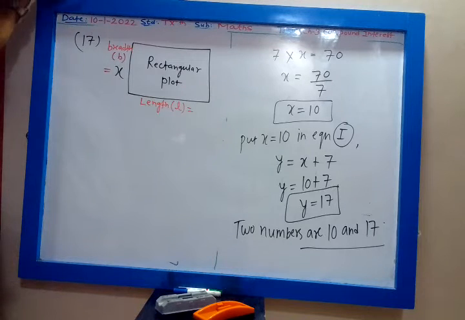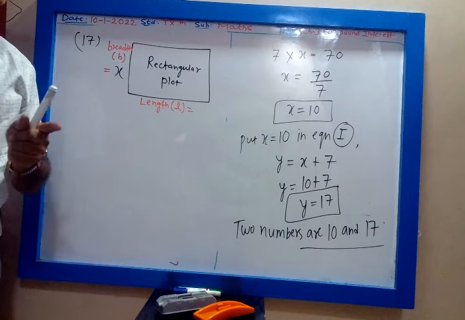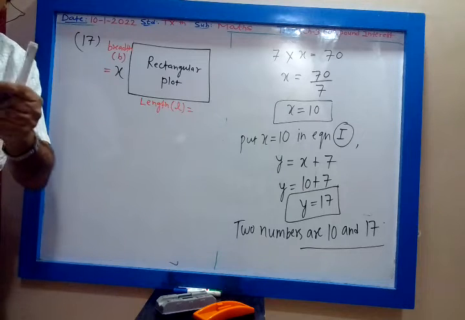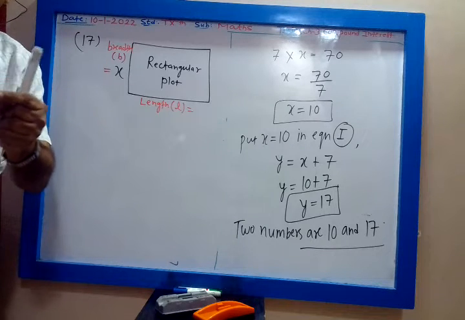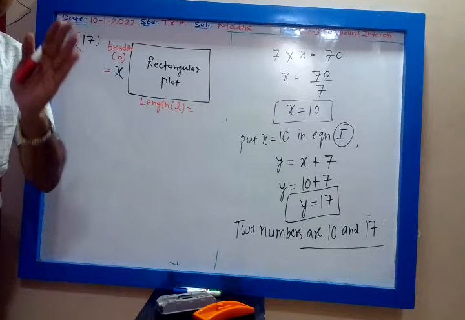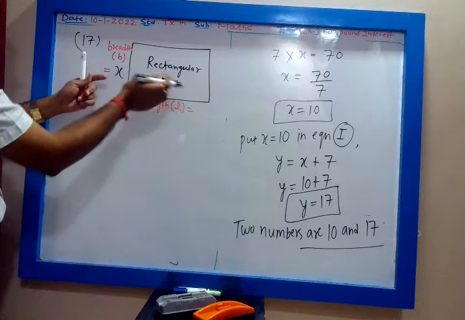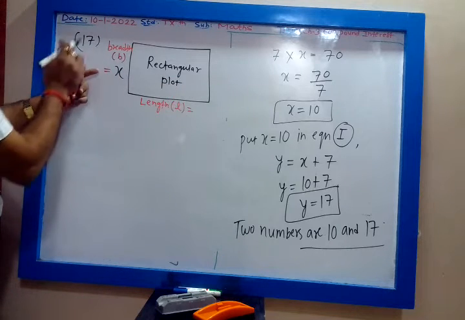Not 5 into x, my dear. Not 5 into x, but 5 plus x, because the length exceeds the breadth by 5 meter. It is not times. Whenever it is times, it is multiplication. So exceed means more. The length is 5 more than breadth.